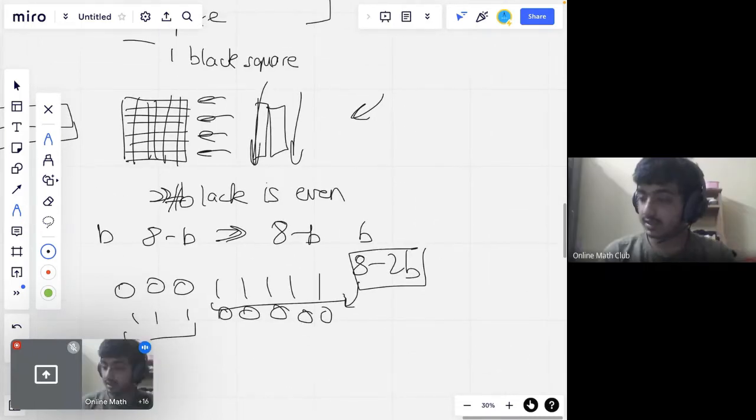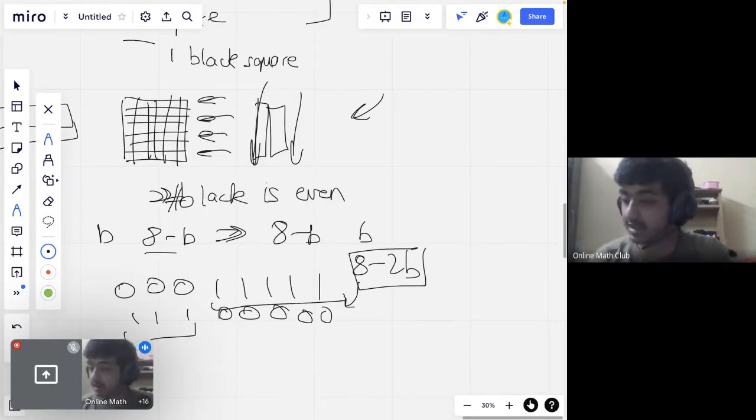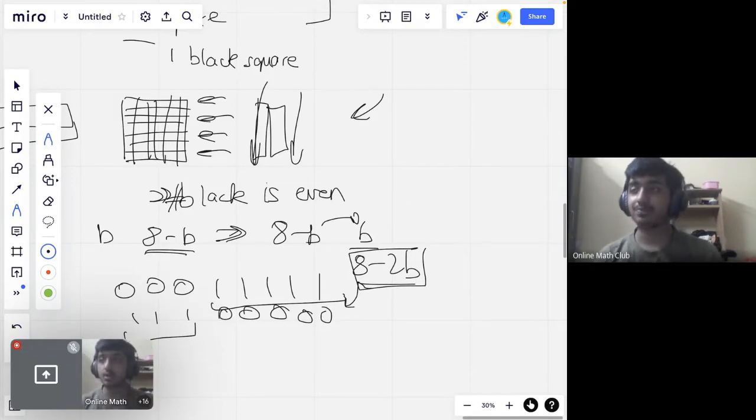Right. If it's 8 minus b and 8 minus b becomes b, then the difference in the number of black squares before and after is 8 minus 2b, and 8 minus 2b is clearly even. So initially the number of black squares is even, so it has to be even in the end too.